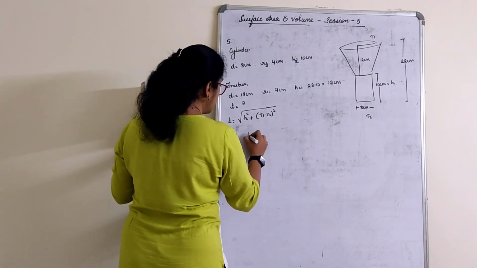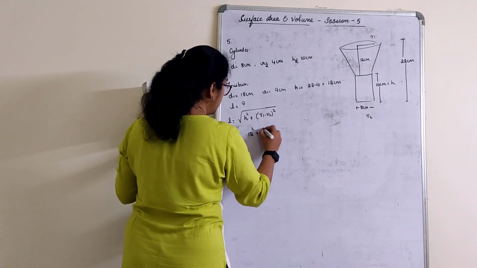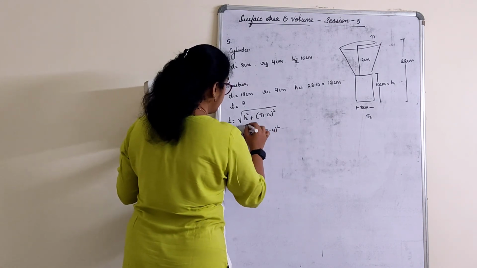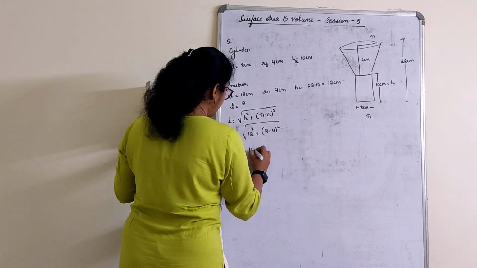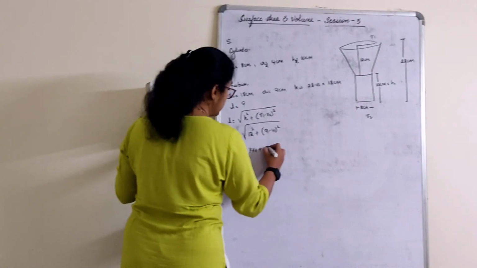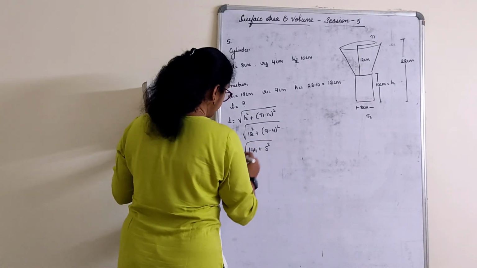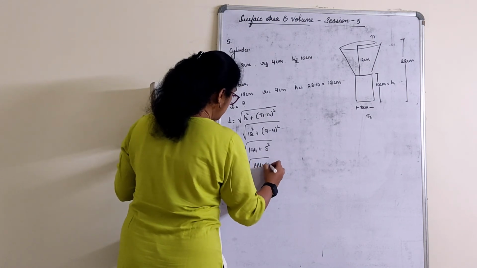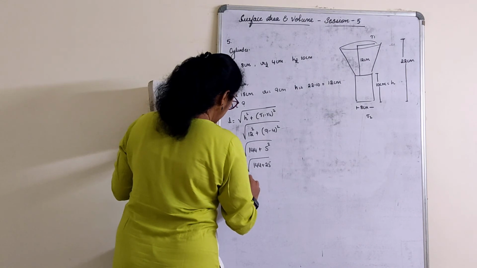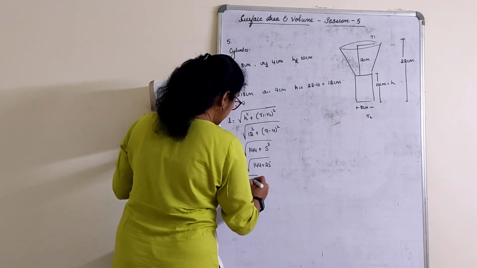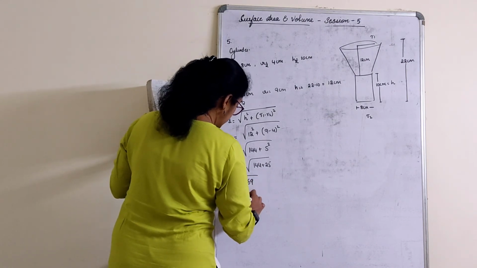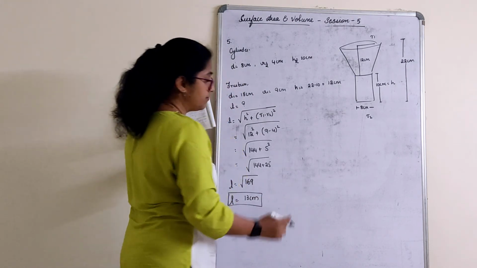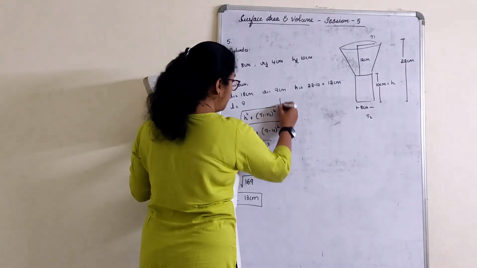So h square is 12 square plus (9 minus 4) whole square. 144 plus 5 square. 144 plus 25. L is equal to root of 169. Therefore, L is equal to 13 centimeter. Slant height is 13. Over.